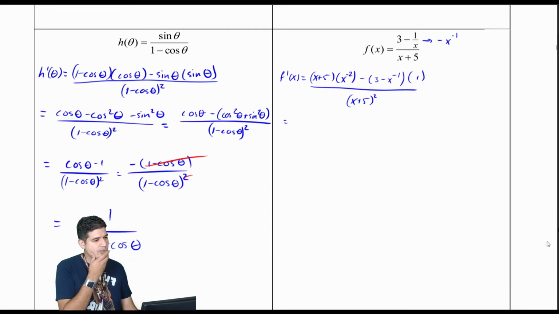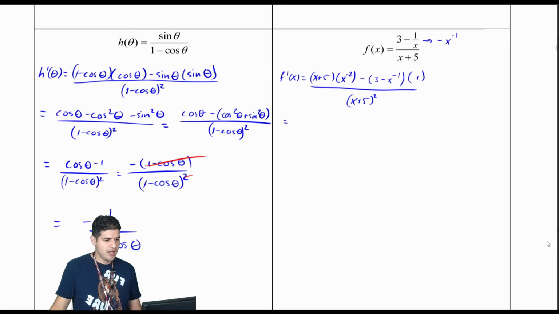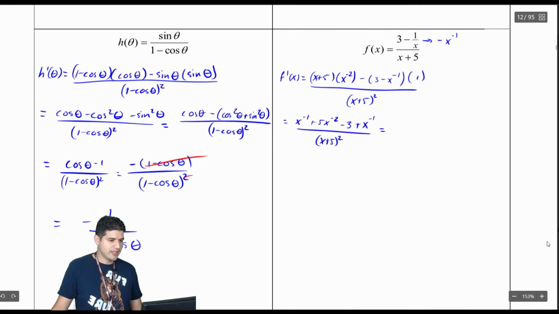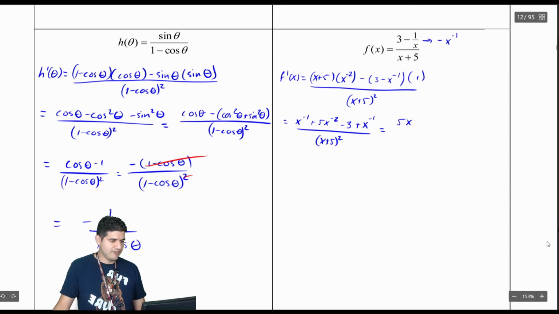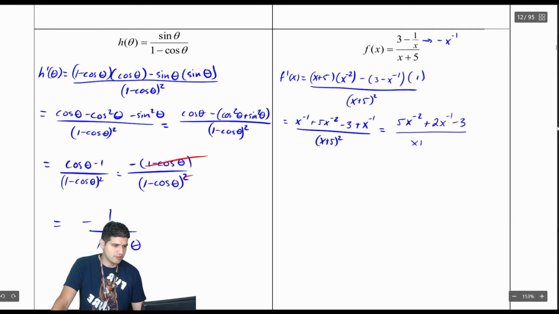So let's see, if I'm going to distribute everything, I'm going to get x to the negative first plus 5x to the negative second, and then minus 3 plus x to the negative first, all over x plus 5 squared. And what I can do with that is, because I have 2x to the negative first terms, I'm going to write this as 5x to the negative second plus 2x to the negative first minus 3 all over x plus 5 squared.